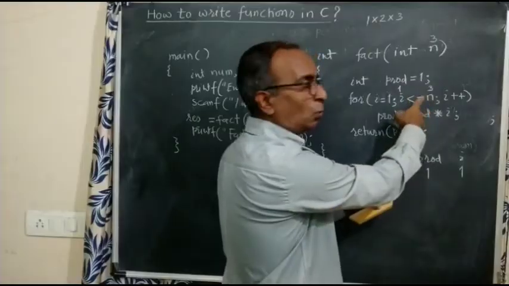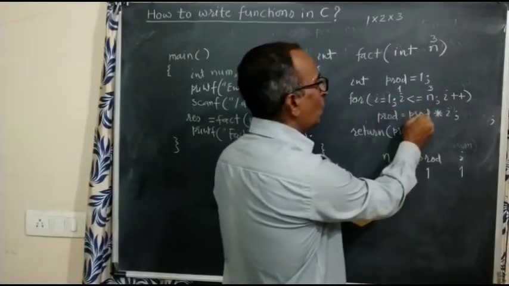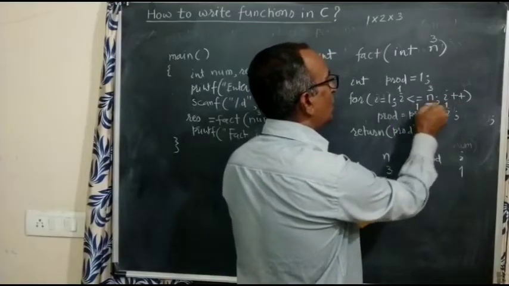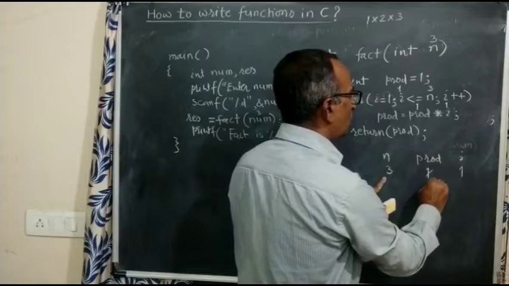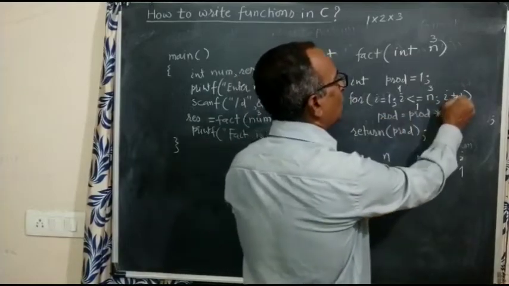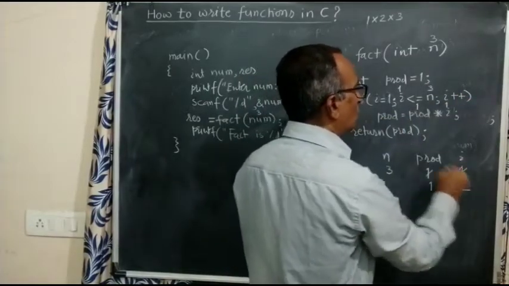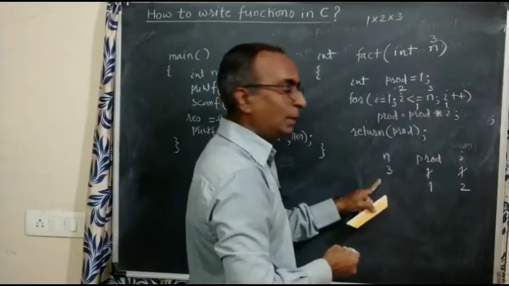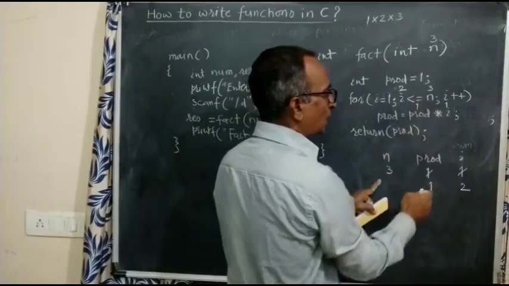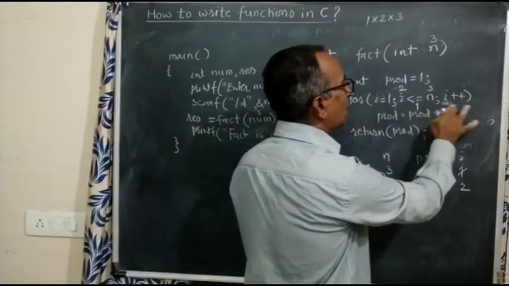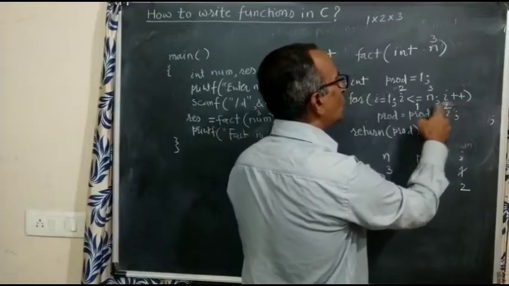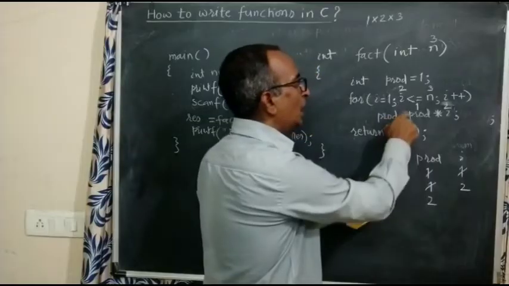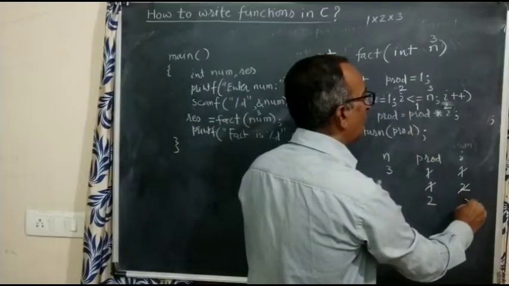True. When true, it will come inside. What is current product? 1. What is I value? 1. 1 into 1 will be given to product. So product will be 1. Again it will go to i plus plus. I value will be 2. It will check condition. 2 less than or equal to 3. Yes. Will come inside. What is current product? 1. What is current I value? I value is 2. 2 into 1 will be done. 2 will be assigned to product. Then I will be incremented. I will be 3.